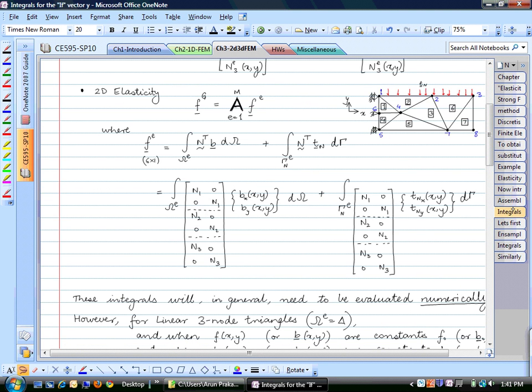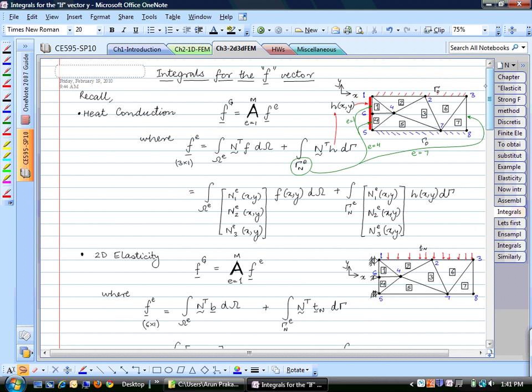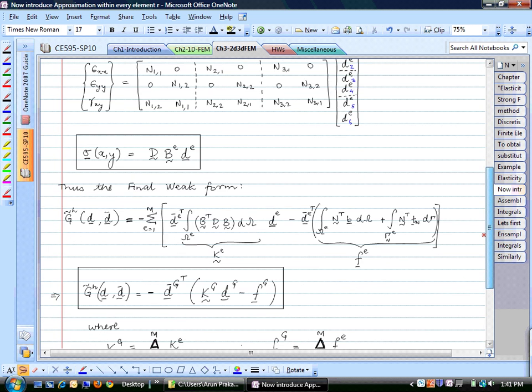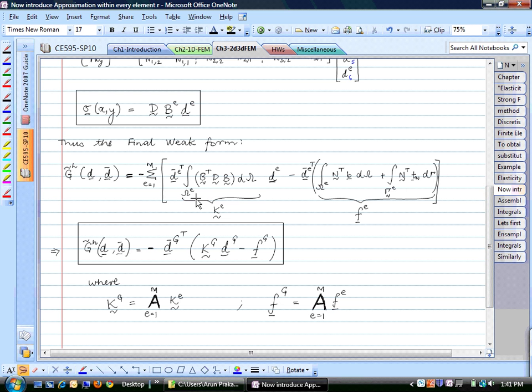But let's try to see how to actually calculate some of these integrals. We talked about some formulas for our element stiffness matrix and element force vectors. If you just go back right here, once you introduce your approximation, you get that your element stiffness matrix is this integral that needs to be evaluated over the element domain.